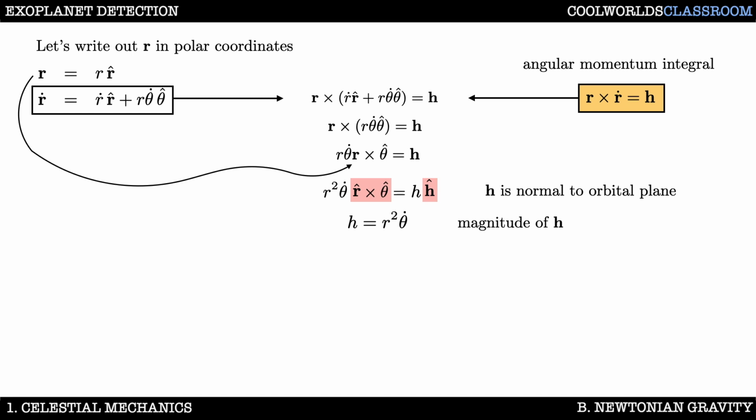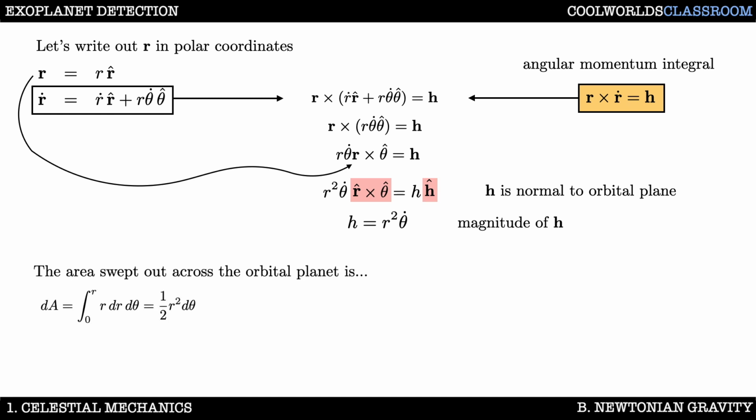To finish, we just need to think like Kepler did. Kepler's second law talks about the area swept out. So, let's write out the infinitesimal area element, dA, equals the radial integral of r dθ to give 1/2 r squared dθ. I like to think of this like the area of an infinitesimal triangle, which is a half base times height, whereas here the height is r and the base is the arc length r dθ.